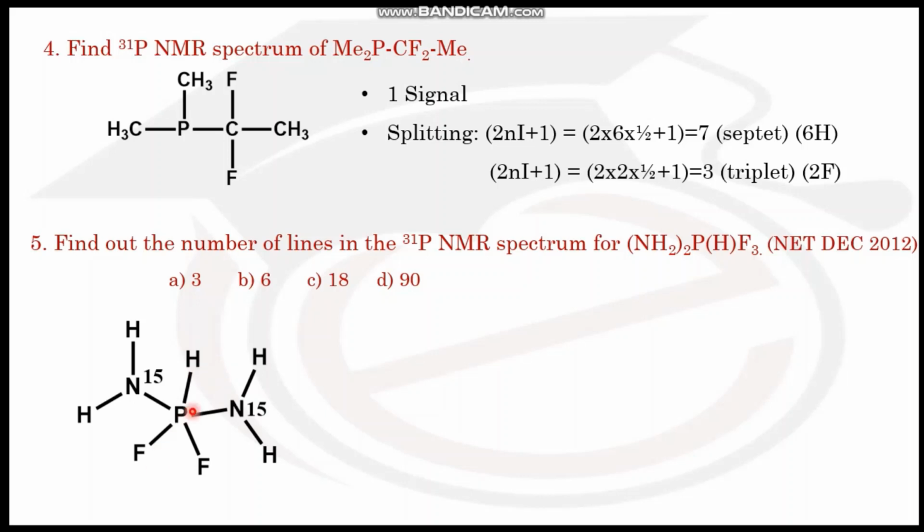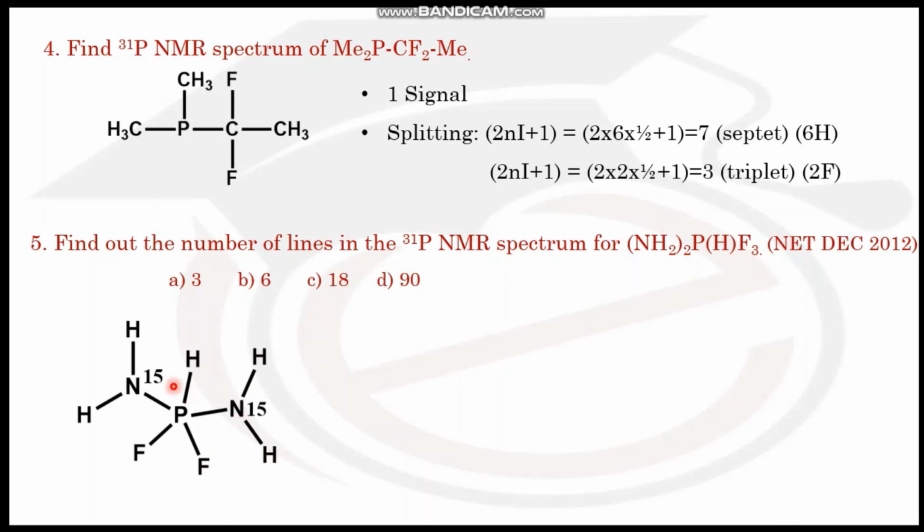First we have to consider how many signals. Only one signal, because only one type of phosphorus is there. Phosphorus is connected to hydrogen, so this can cause splitting. Phosphorus is connected to fluorine, that can also cause splitting. And it is connected to nitrogen, that can also cause splitting, because nitrogen is also an active nucleus. And another type of hydrogens are there, that can also cause splitting.